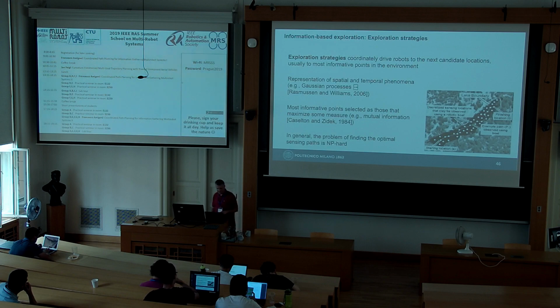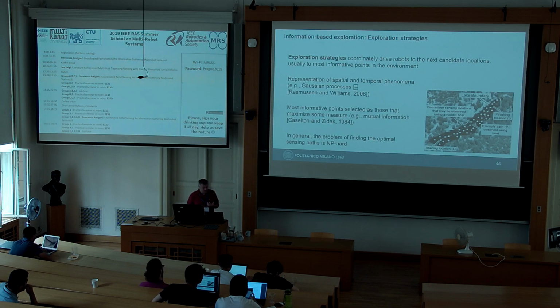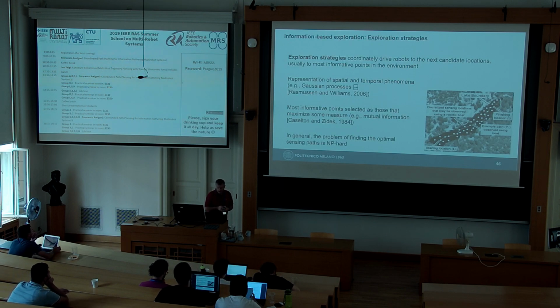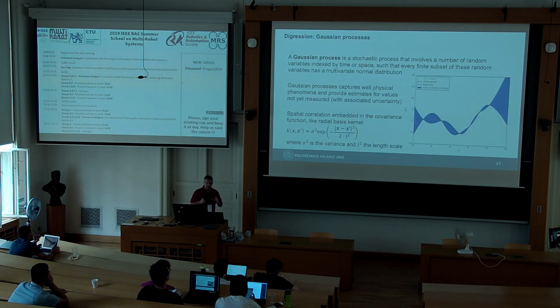In the case of information-based exploration, this becomes more complex, and you have to find ways of representing spatial and temporal phenomena. So some phenomena or some quantity that can change over space and over time. Probably the most used approach for doing this is to use Gaussian processes. It is a very long story, but I will just show you the main idea.